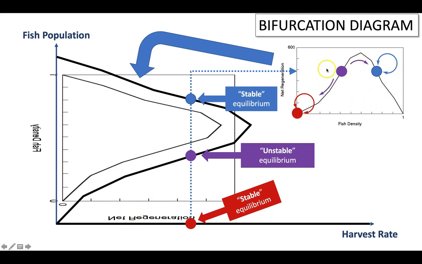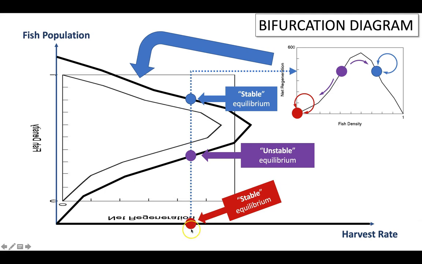By flipping this around, I end up getting this curve here, which looks very similar, and that curve will allow me to etch out, for every harvest rate, all the possible equilibria.